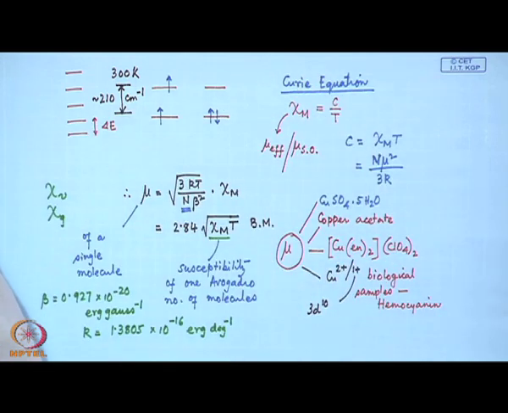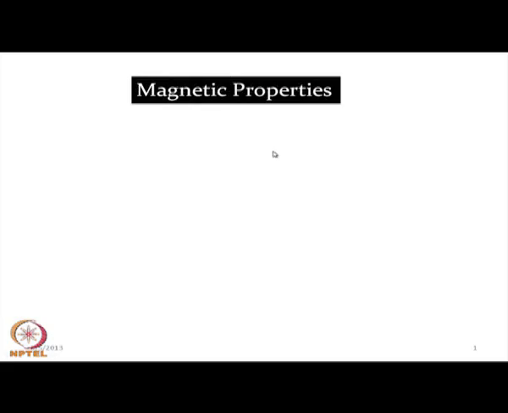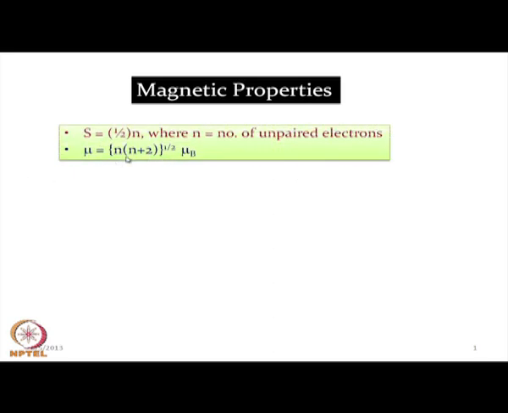So, we have all this good information for these magnetic properties, and we basically utilize the number of unpaired electrons, N, for determining the mu effective or mu spin only values, because this N is directly related to the total spin values for the system.